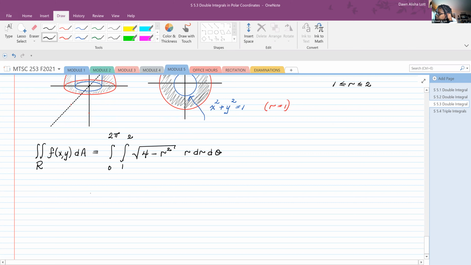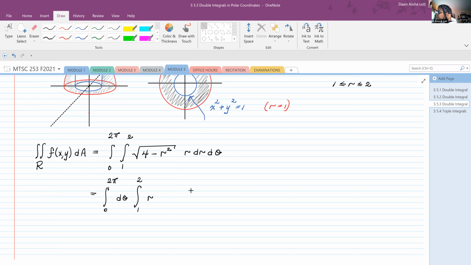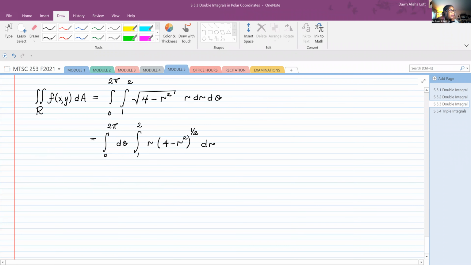So this is the integral from 0 to 2 pi d theta times the integral from 1 to 2 of r times the square root. Well, I'm not even writing it as a square root. I'm going to write it as 4 minus r squared to the 1/2 power dr. Okay, so now this part's just going to give me 2 pi.